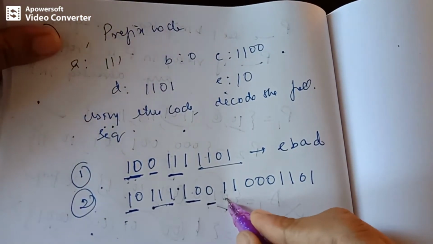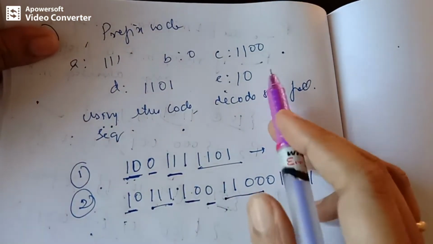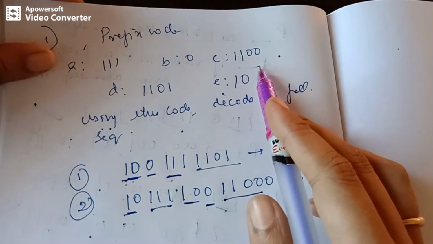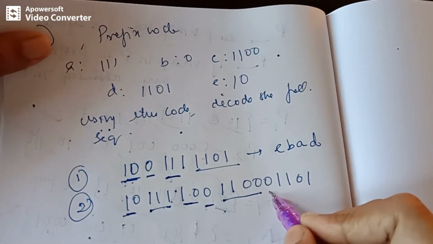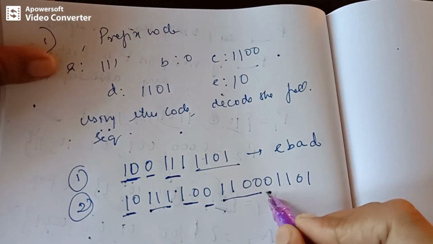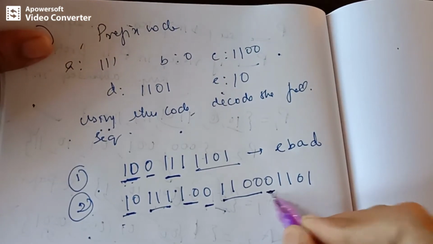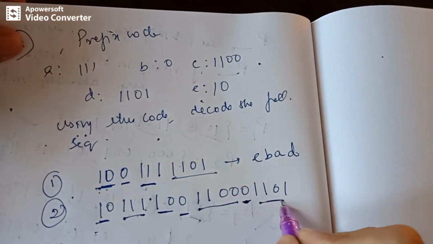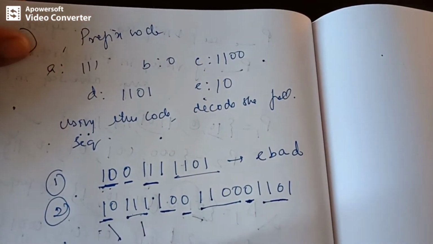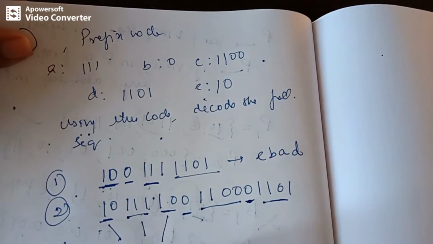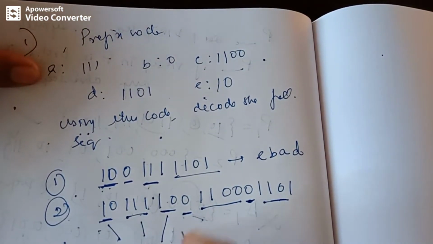Then 1100 is okay. We are going to consider the maximum 1100. Okay. Then 01. We cannot consider 01. You have to consider 0 separately. Then again 1101 is another code. So this represents the codes E, A, E, B.